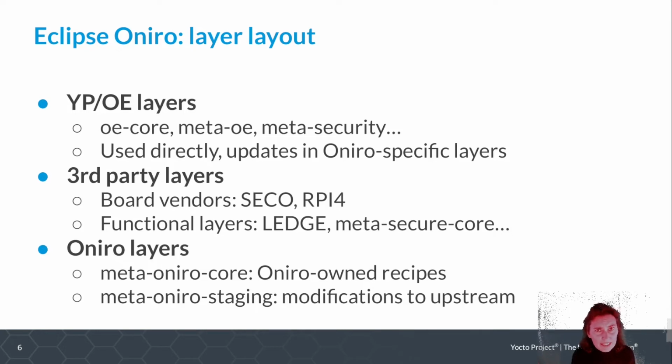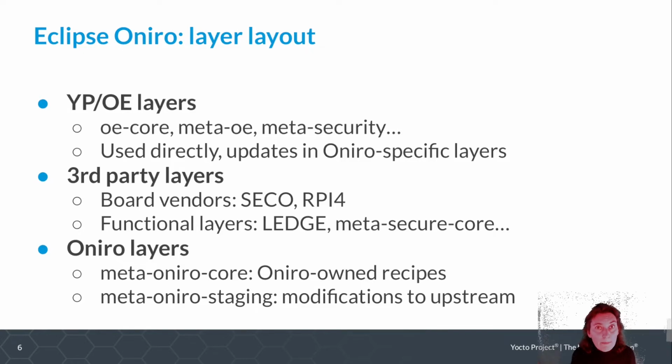And finally, last but not least, there are the Oniro project layers. We have two main ones. Meta Oniro core includes all the Oniro-specific parts that are not expected to be upstreamed somewhere else.